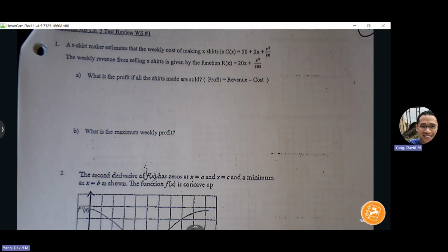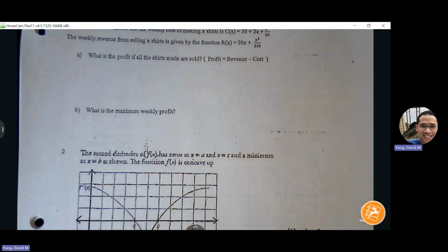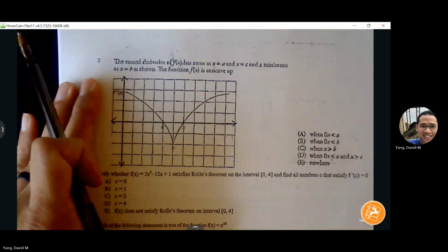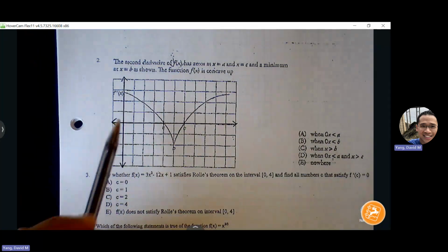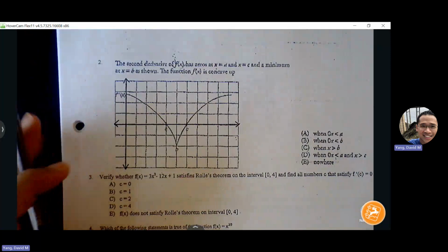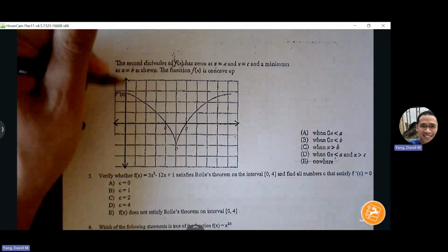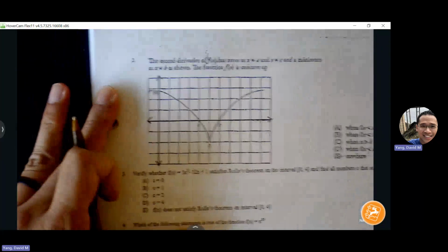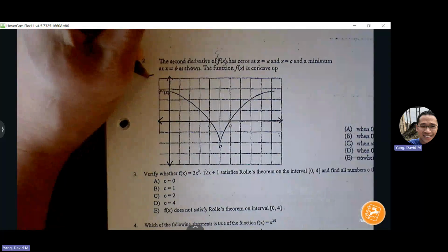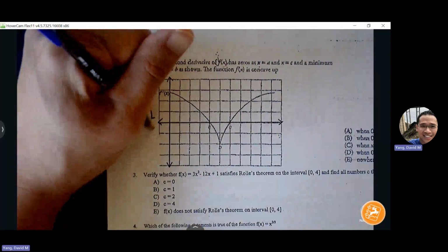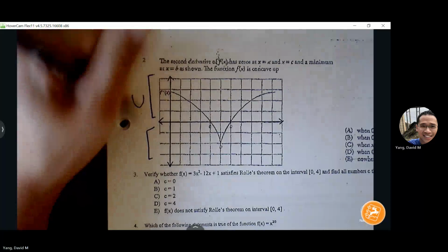Okay, let's look at number 2. This is a second derivative graph. If we're looking at a second derivative graph, we understand that the y-axis represents something unique, right? The y-axis represents concavity. So I'm going to just label what I'm looking at here.